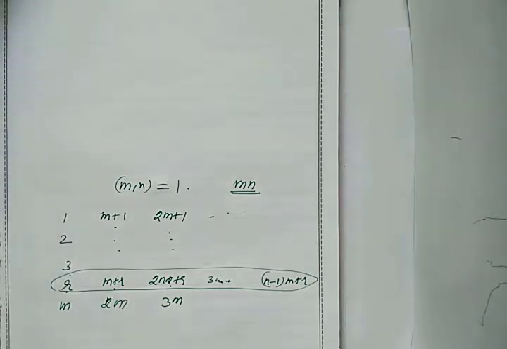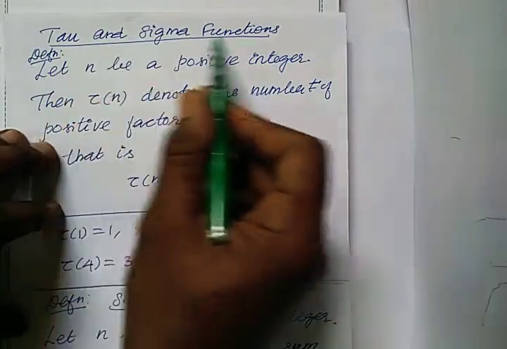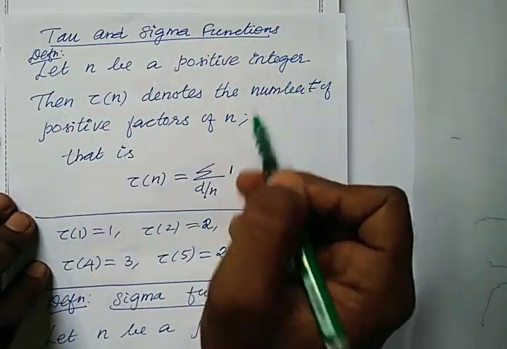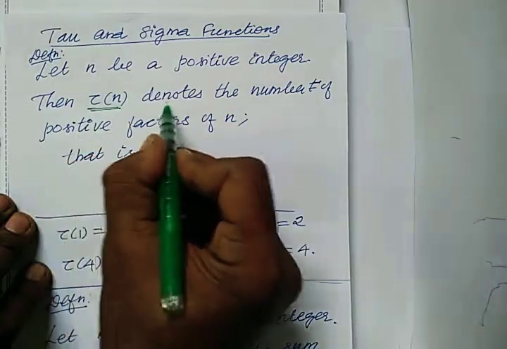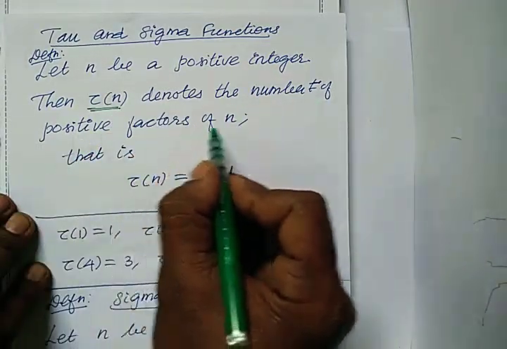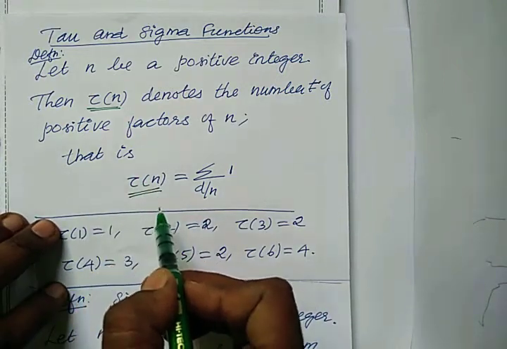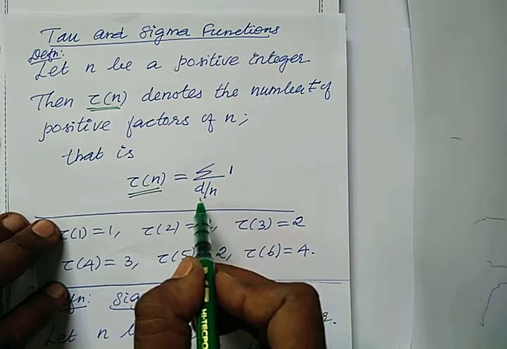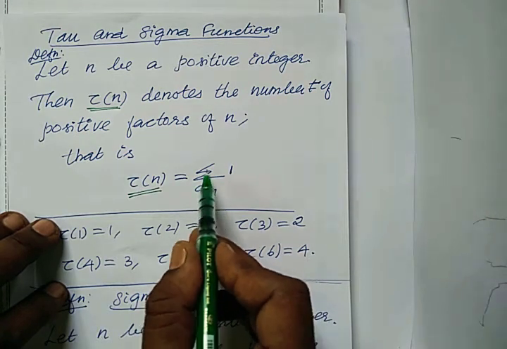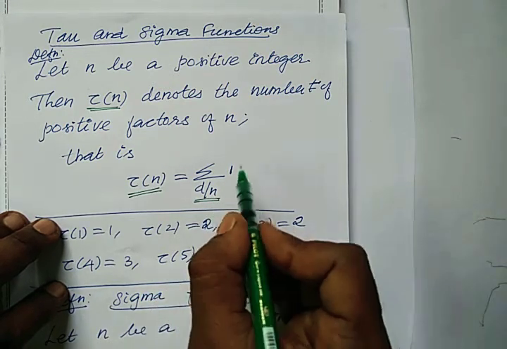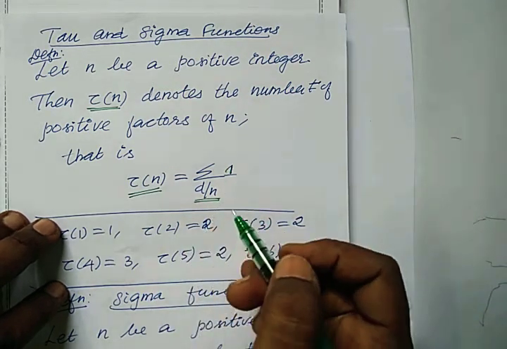Okay students, let us see tau and sigma functions and complete this unit now. Tau and sigma functions. Definition. Let n be a positive integer. Tau of n denotes the number of positive factors of n. That is, tau of n is equal to the summation over all the positive divisors d of n of 1.